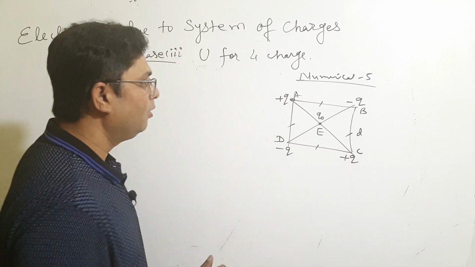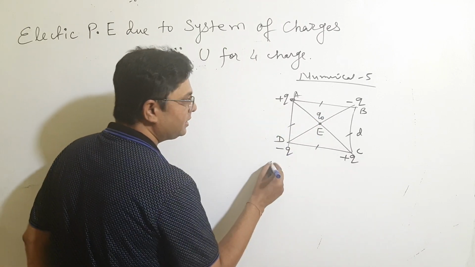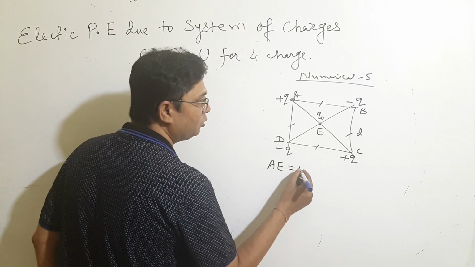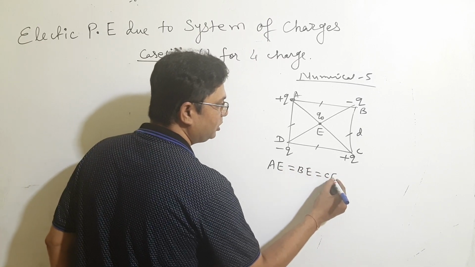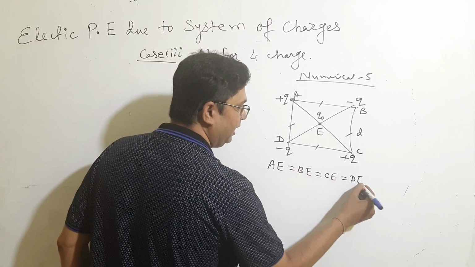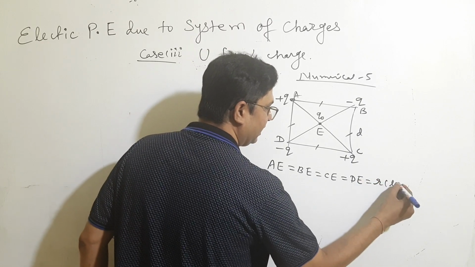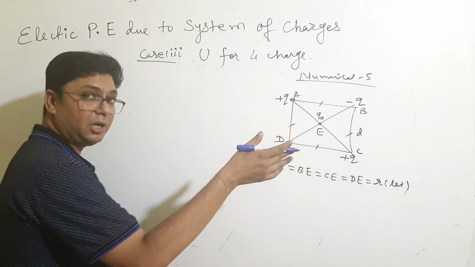Let us see this. For this, let the distance AE is equal to BE is equal to CE is equal to DE is equal to R. Let the distances be R, because all are same.